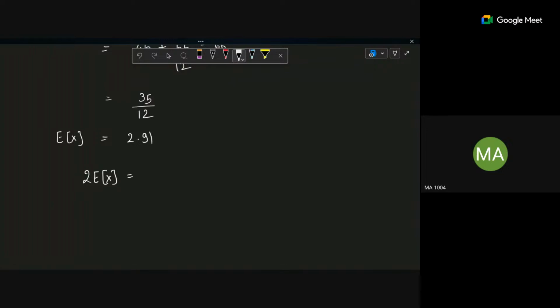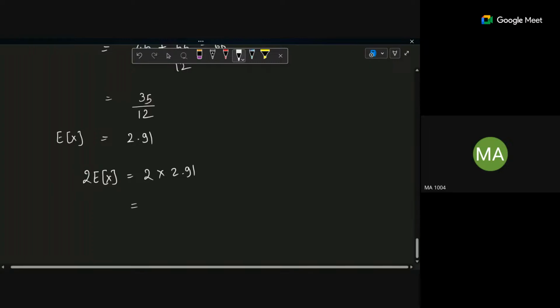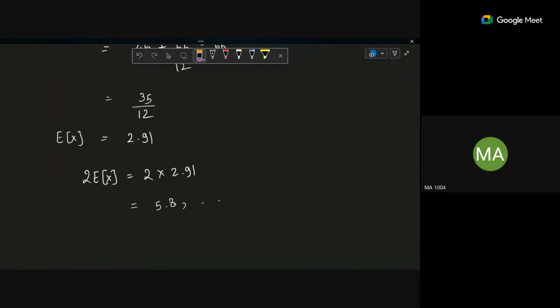So this is just 2 multiplied by 2.91. 5.833, yes, ma'am. 5.82 or 5.83, whatever you write. So, 2 decimal or 3 decimal, just take care of that and write accordingly. Fine.